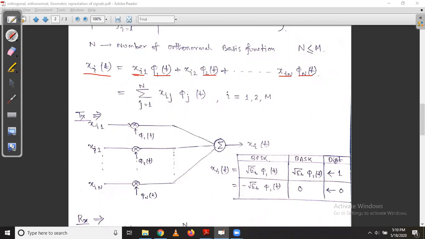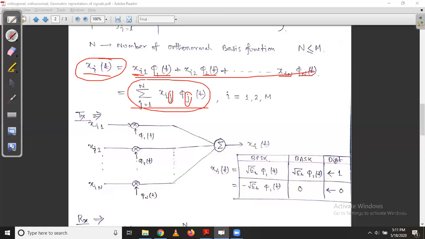We can write this whole expression as a sum over j equals 1 to capital N of x_ij times phi_j(t), where phi 1, phi 2, up to phi N is nothing but phi j. So now this is our expression.